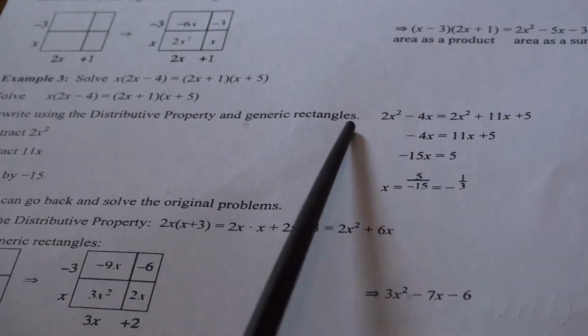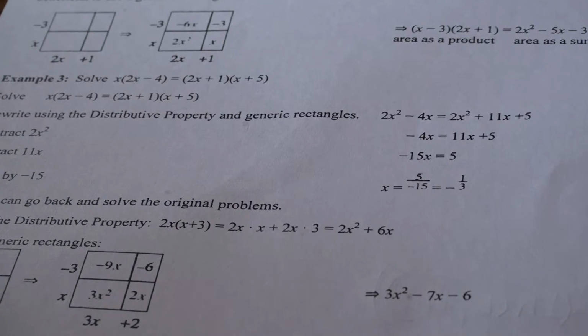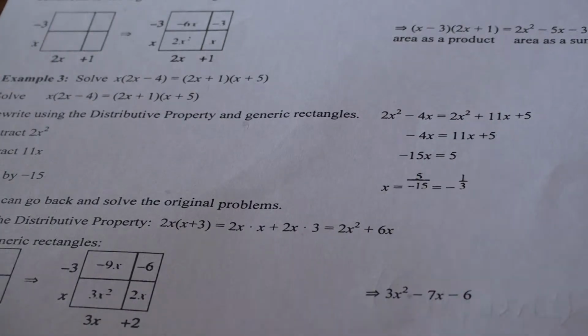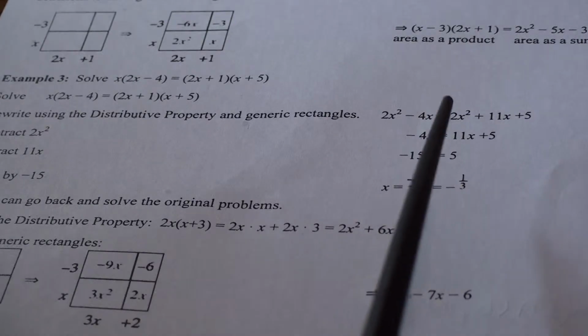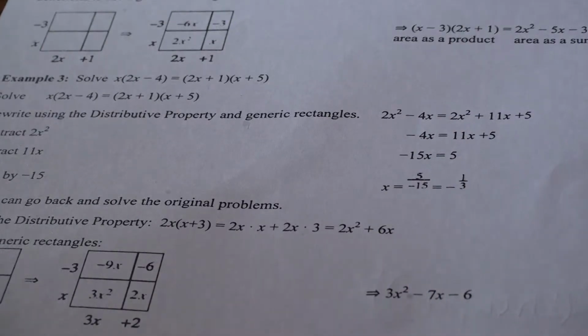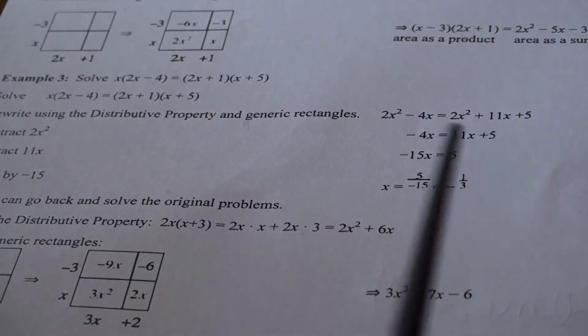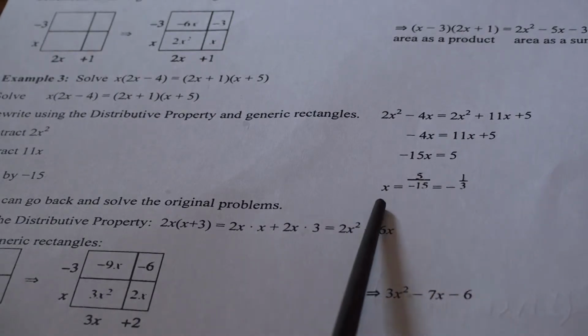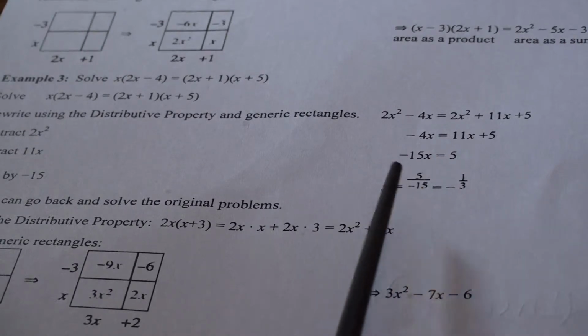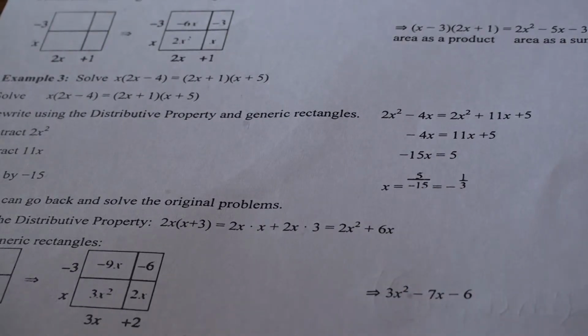Now when you subtract 2x squared from both sides, they wind up canceling each other out. So now I have -4x equals 11x plus 5. I then subtract 11x from both sides, giving me -15x equals 5, and then divide both sides by -15. The -15s leave me with an x, and 5 divided by -15 reduces to -1/3.